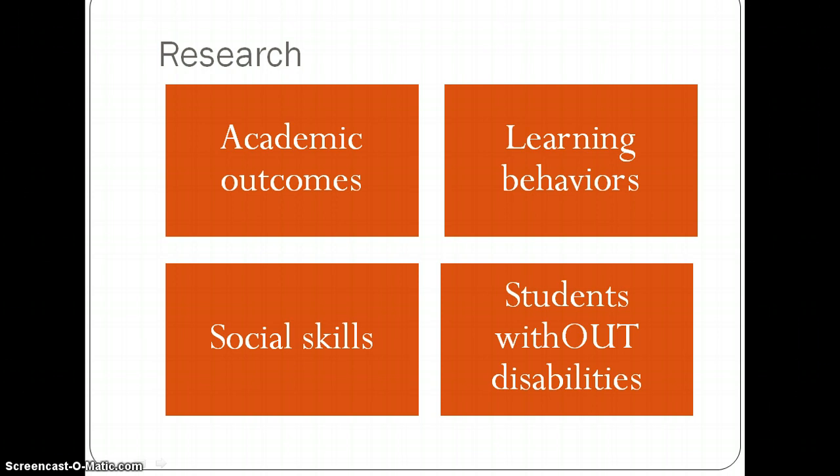Finally, there has been research conducted on the effects of inclusion on peers without disabilities, and the outcomes are good. Students without disabilities saw increased personal growth, appreciation and acceptance of others, feelings of accomplishment, development of friendships with students with disabilities, and improved understanding of disability-related issues.